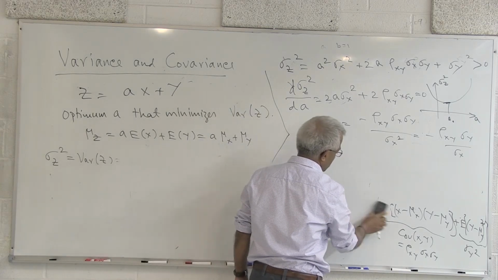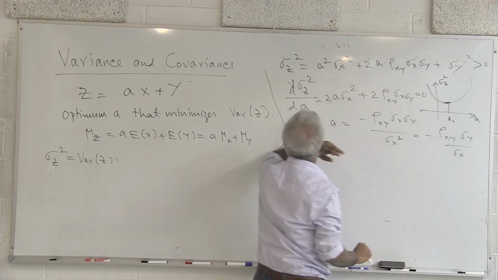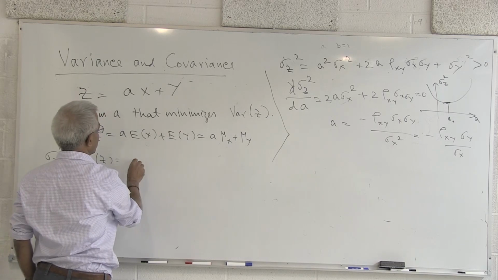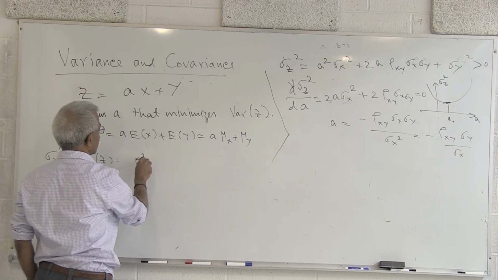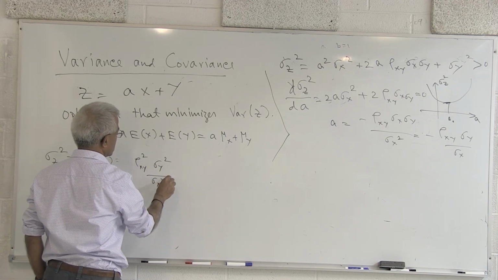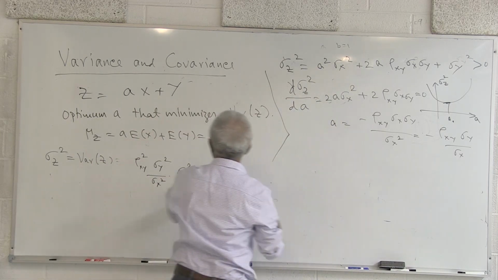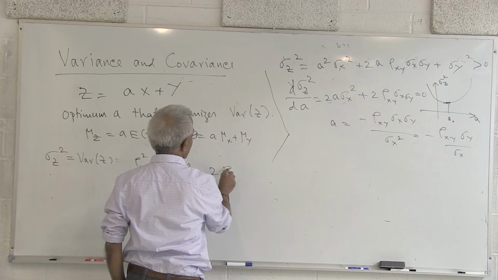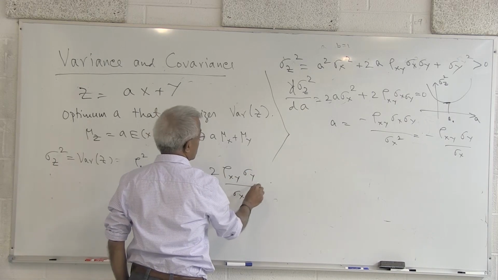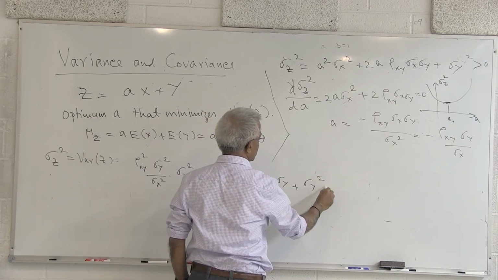So I'm going to take that optimum value, this a, and plug it into this expression. So a squared is going to be rho squared sigma y squared over sigma x squared. This is a squared multiplied by sigma x squared here, plus 2a, where a is now minus rho xy sigma y over sigma x, multiplied by rho sigma x sigma y, plus sigma y squared.